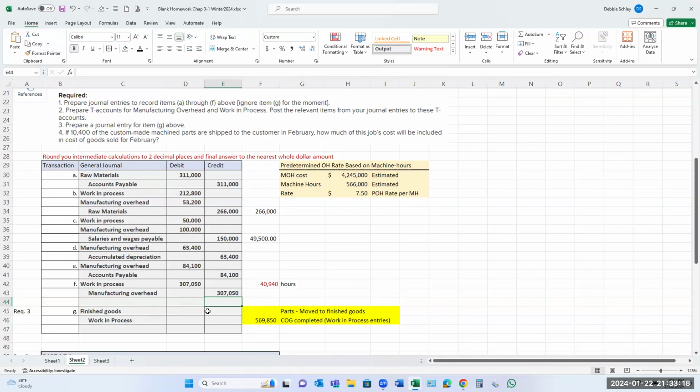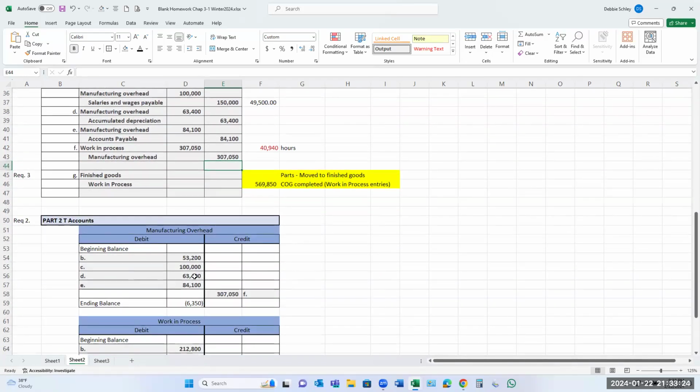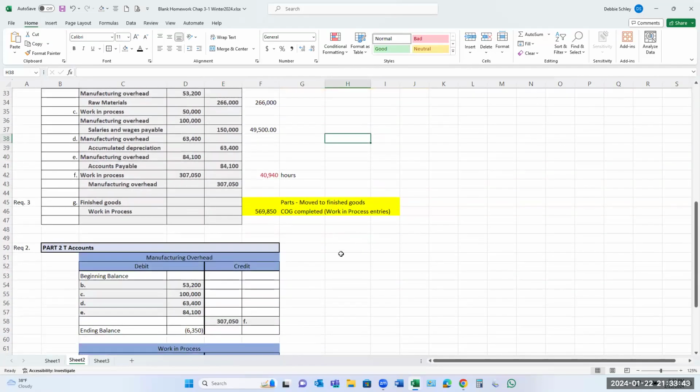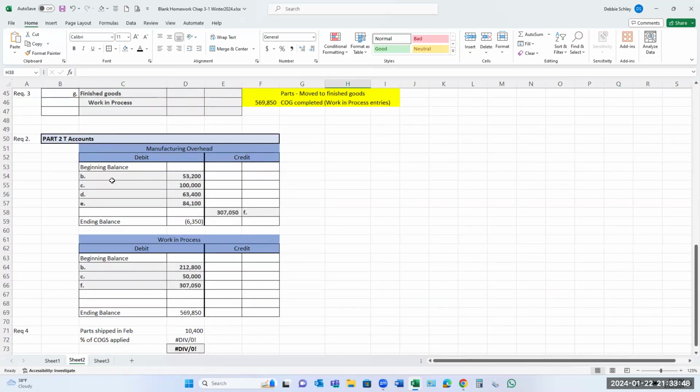This last part, that's required 3, so we're going to skip that for now because now we need to do the T account. And it's the same thing. Manufacturing overhead, only this time, let's see. Prepare T accounts for manufacturing overhead and work in process. Post the relevant items from your journal entries to these T accounts. They gave us no beginning balance for either one of them. So there's no beginning balance. And then you're just going to go back and forth and find all of the debits to manufacturing overhead and all of the credits and enter those in just like I showed you previously.